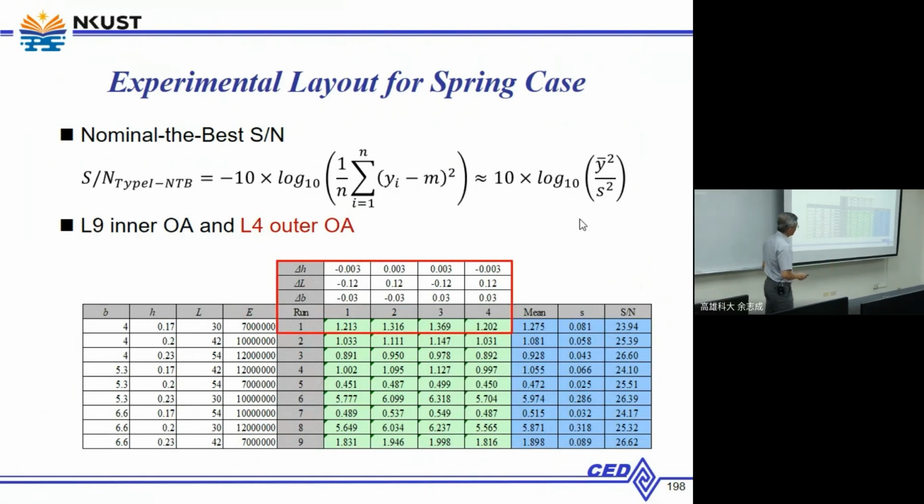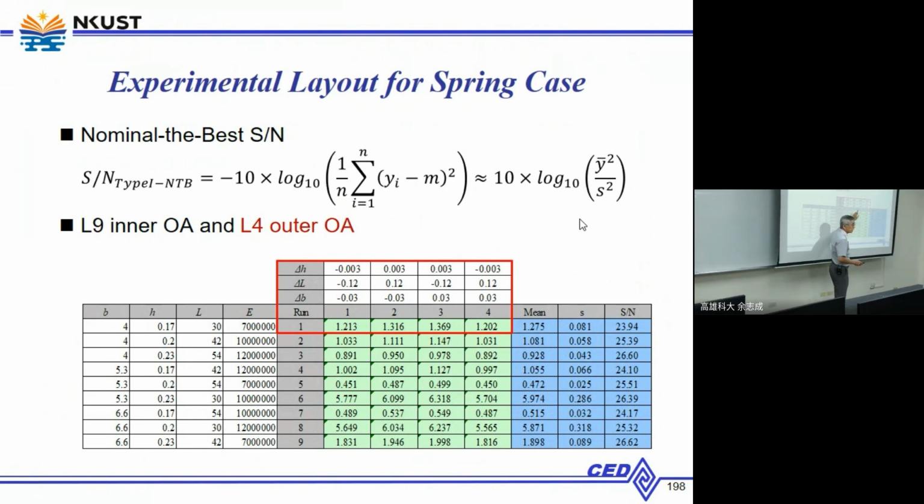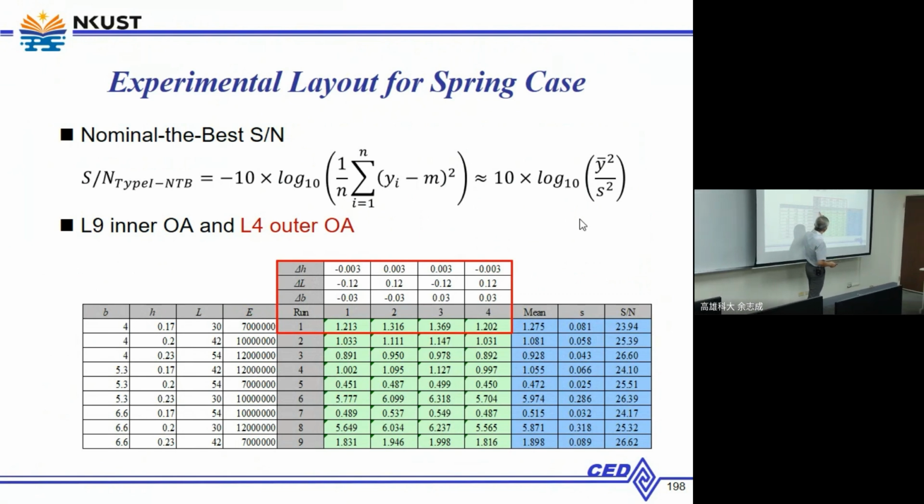So here, we just need to do one sample, right? We want to find out the direction of the noise factor. So let's take the first one. Any combination will be fine. Take the first example, or the initial design, and apply this noise to that particular design, and we can get the output samples like that.